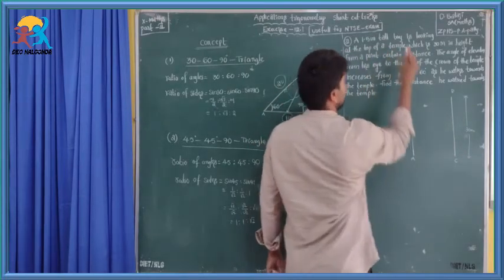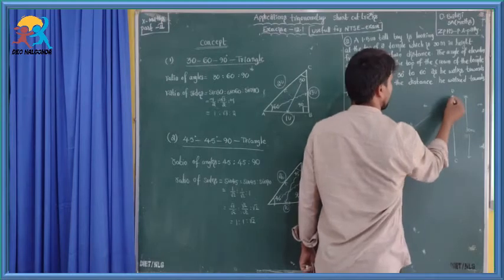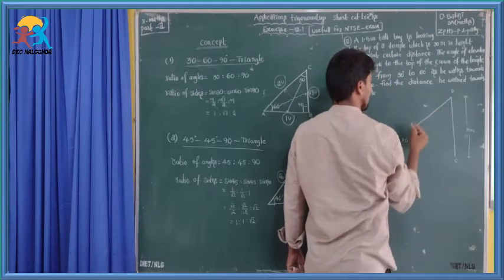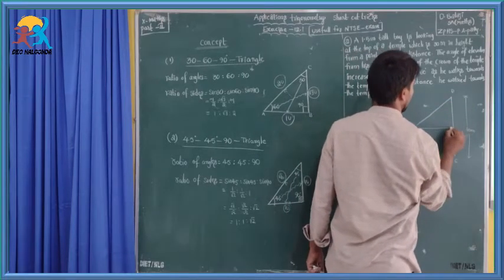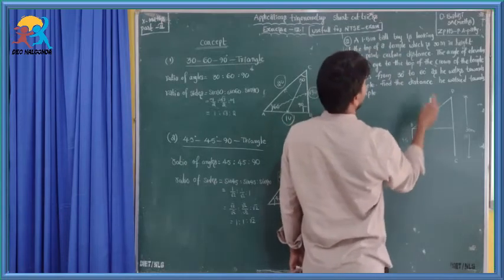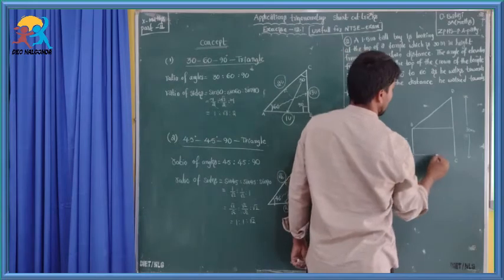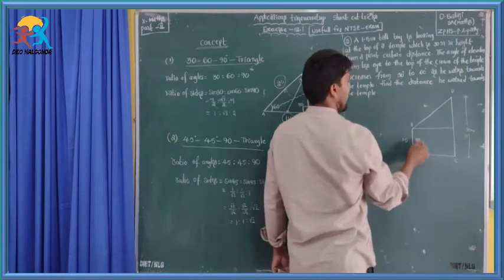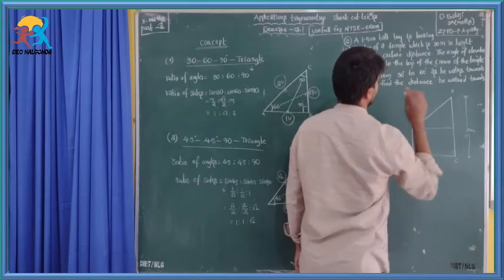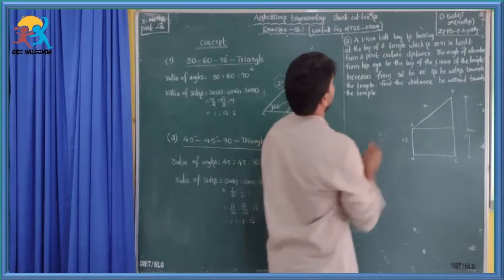The boy is looking at the top of the temple. Draw the horizontal line through the point B. The boy and the temple are at a certain distance.